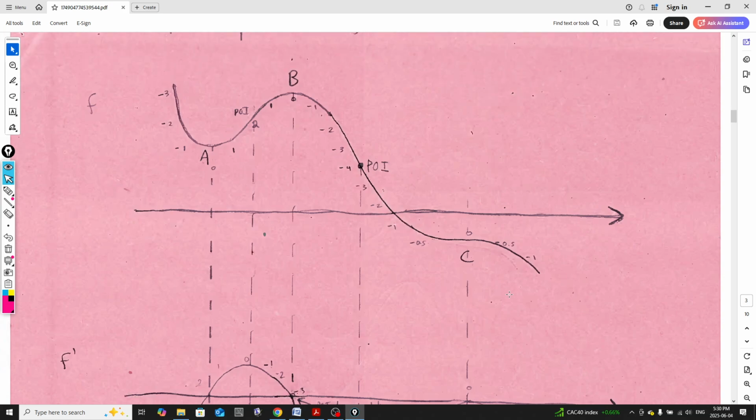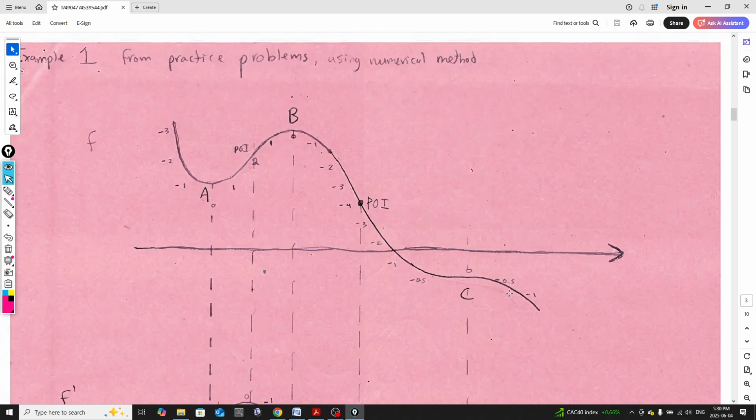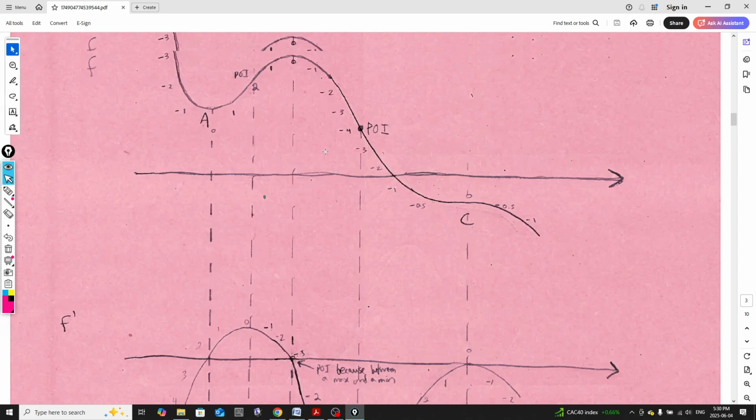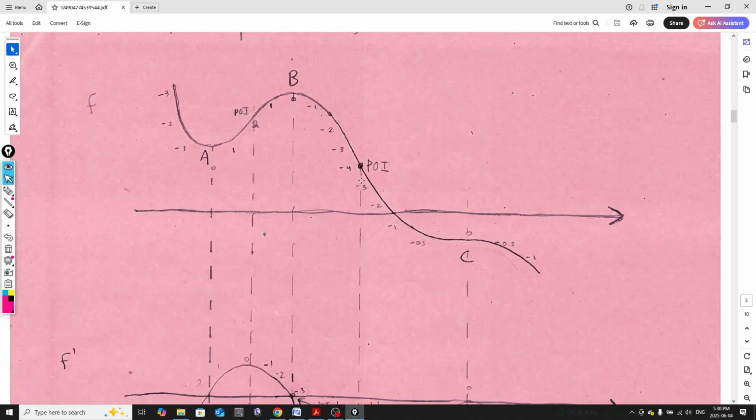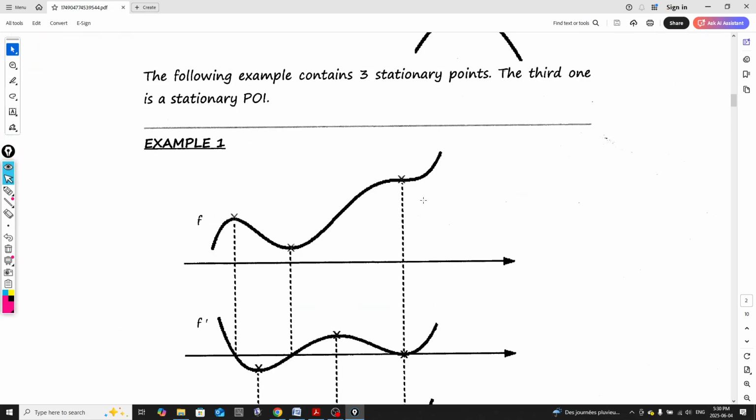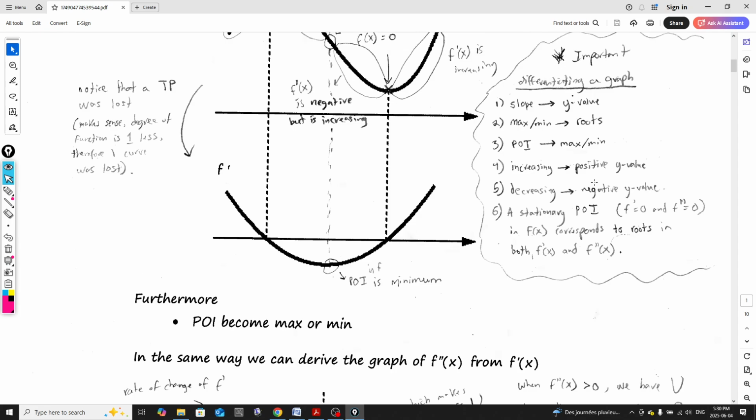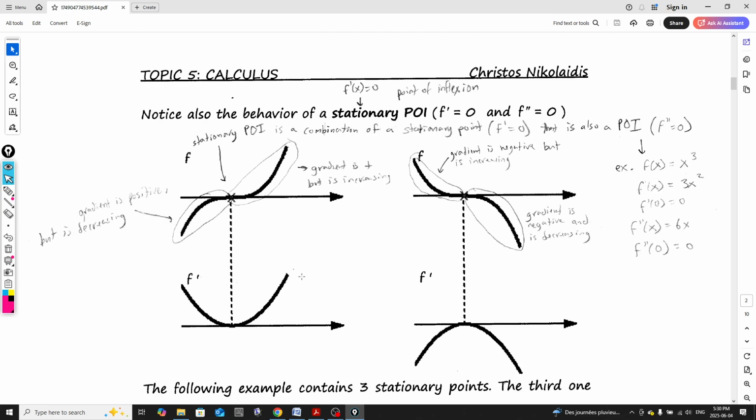So maybe take a minute here to try drawing these, and of course double check that minimums become roots, and that points of inflection become maximums or minimums, and so on. Essentially, make sure that you're checking this as you work through those practice questions.